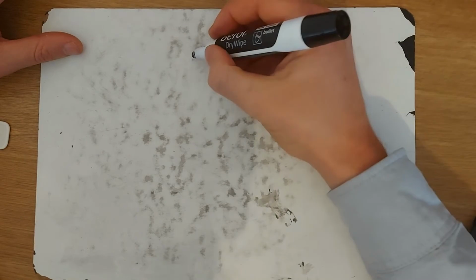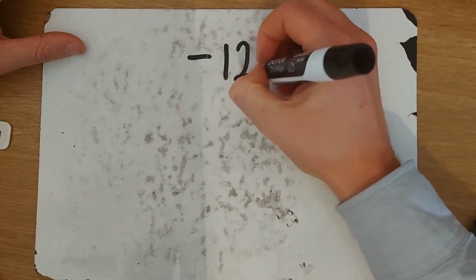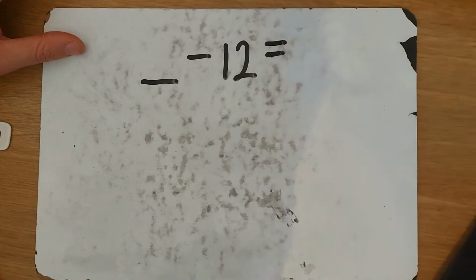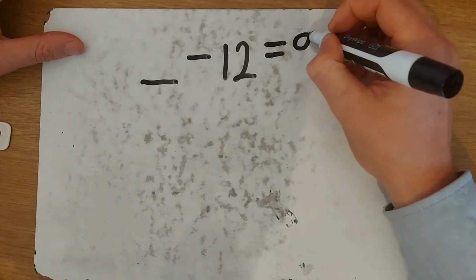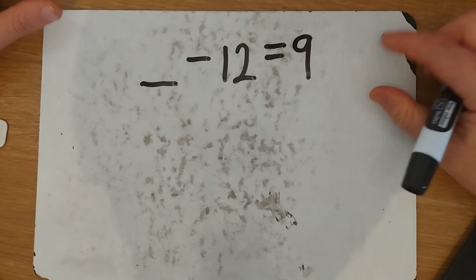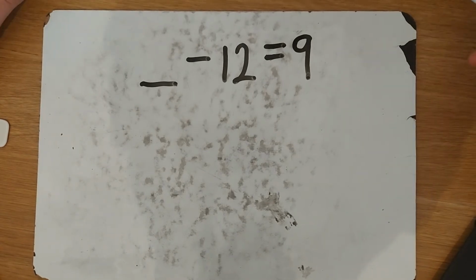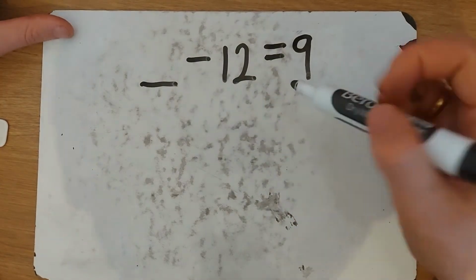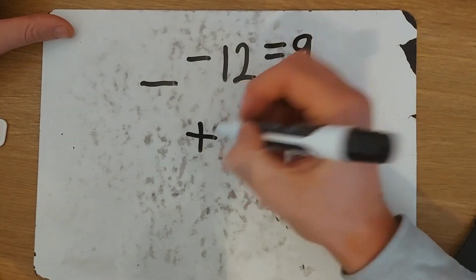Right, the next one we're going to do is, here's my unknown at the beginning. Subtract 12 equals 9. So again, first step, I know my inverse. So what inverse am I using? That's my second step. Well, if it's a subtraction, I'll be using adding.